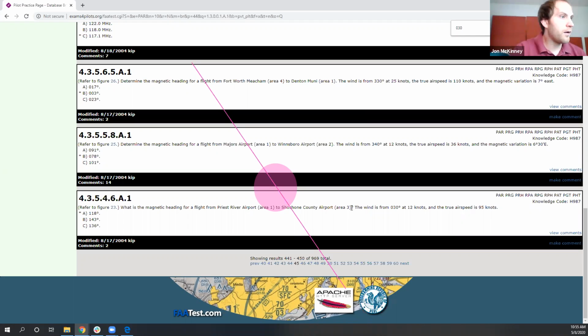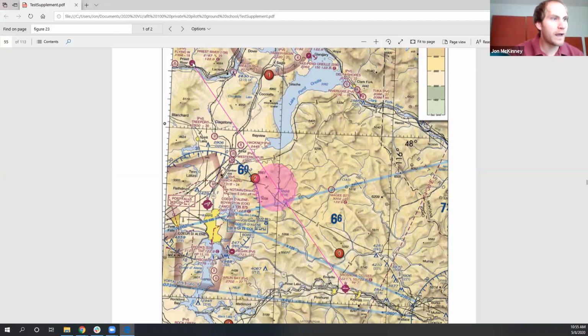Okay, so let's start with some common sense. Let's start with some answers that point us in the general direction. It says, what is the magnetic heading from Priest River to Shoshone? When I look at the chart, Priest River is up here in the northwest, Shoshone is in the southeast.